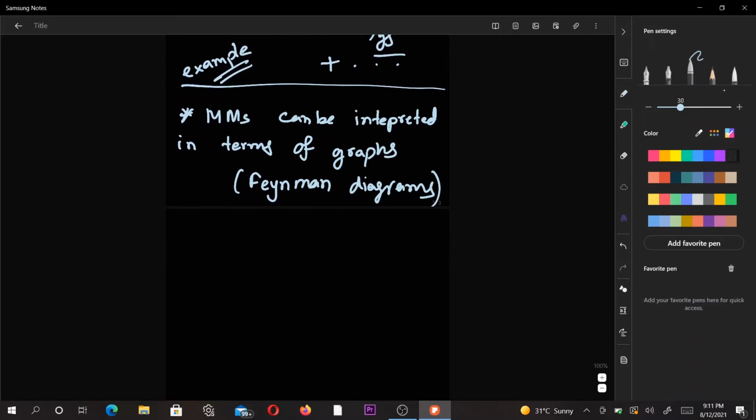And if you remember, the free energy can be written like this. Previously we wrote free energy like this.